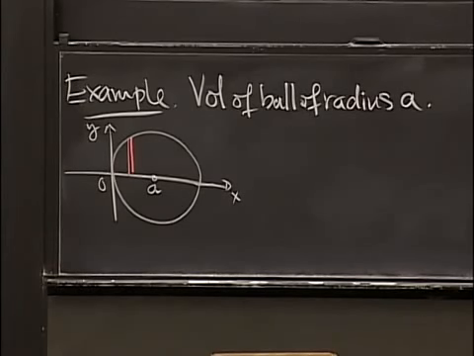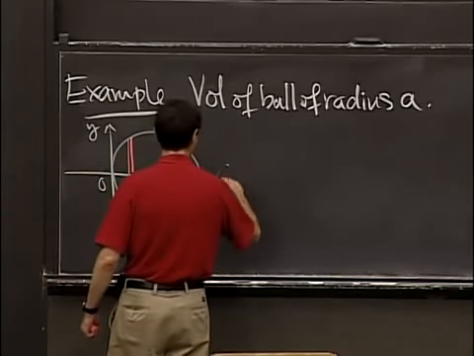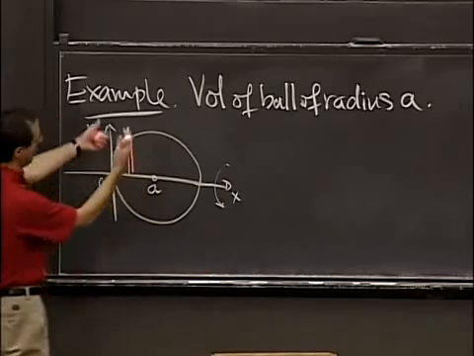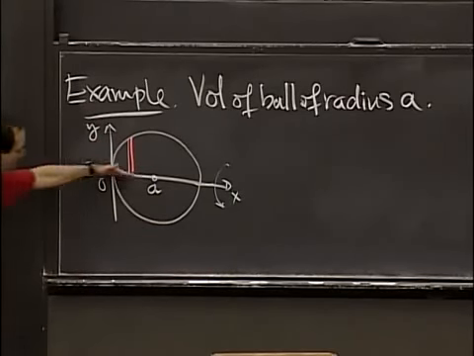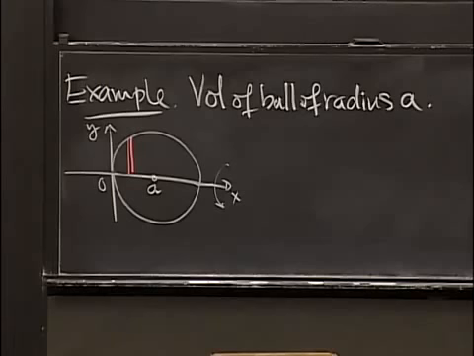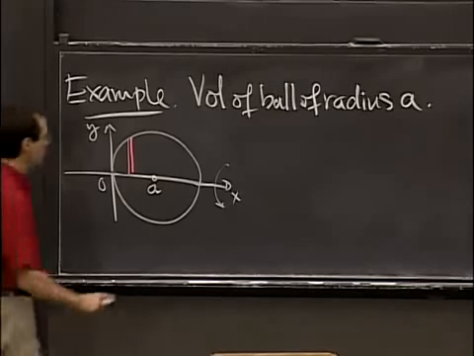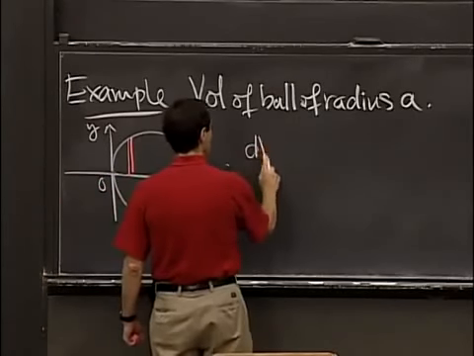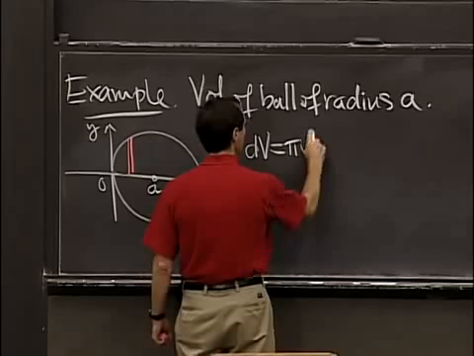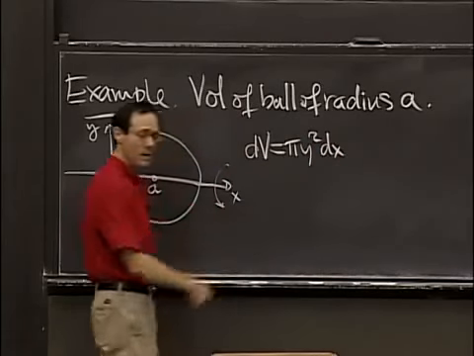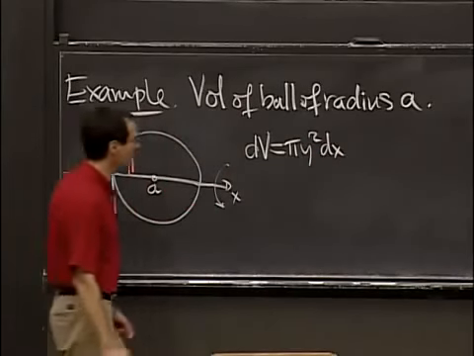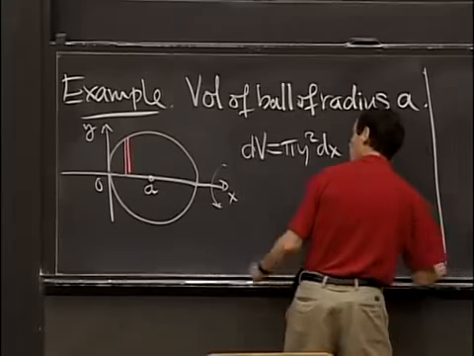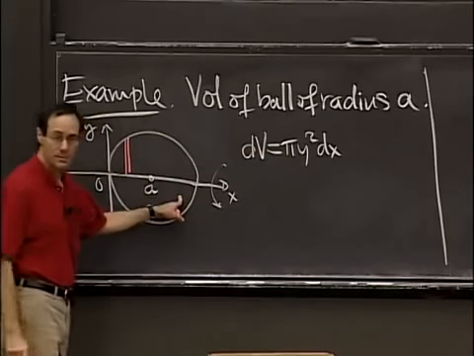All right. Again, as I say, the thing sweeps around, coming out of the blackboard, spinning around on this x-axis. All right, so the setup is the following. It's always the same. Here's our formula, and we need to figure out what's going on with that formula. And so we need to solve for y as a function of x.